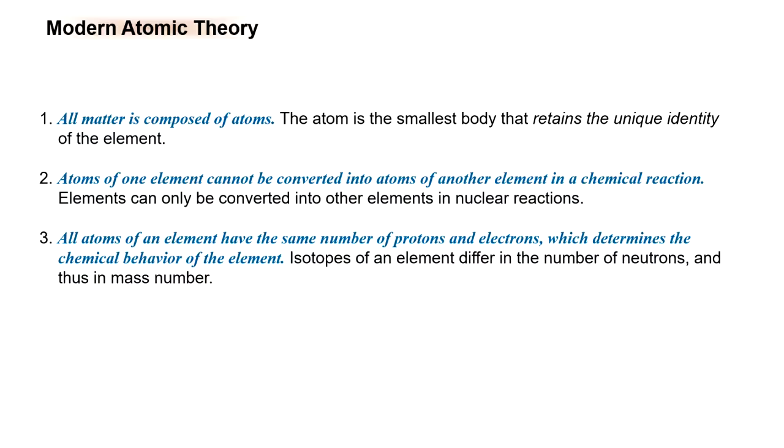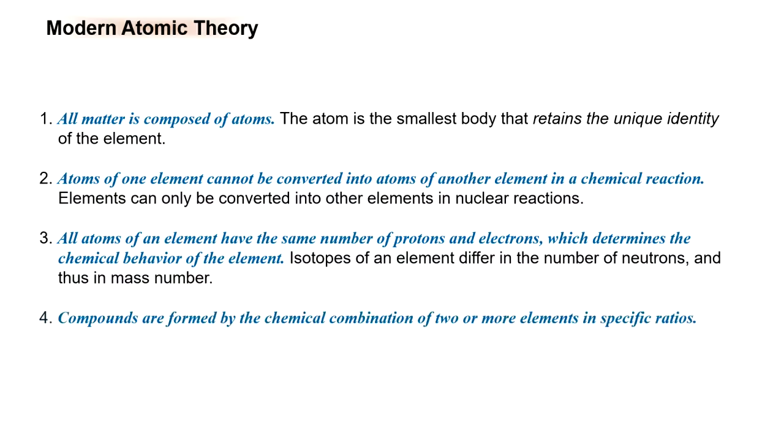And there are isotopes of an element that can have the same number of protons and electrons, but they differ in what we call neutrons, and we'll talk about those in just a moment, and thus they'll have a different mass. Finally, compounds are formed by chemical combination of 2 or more specific elements in specific ratios by mass.